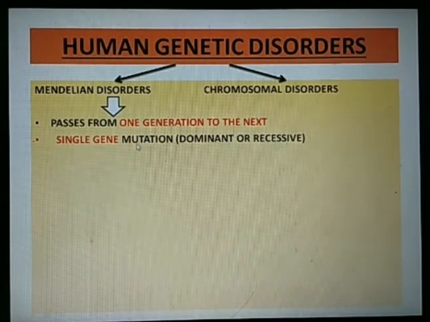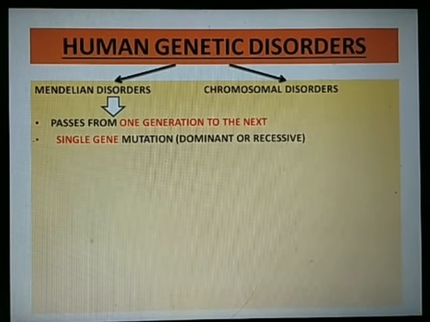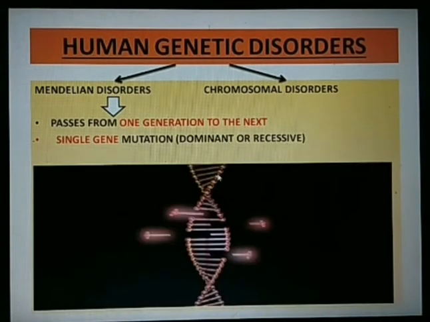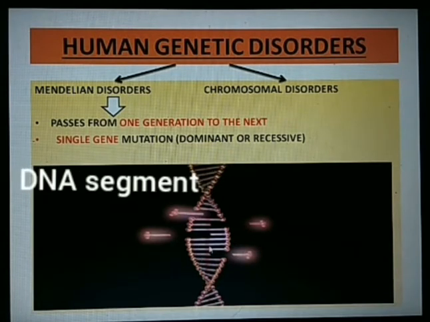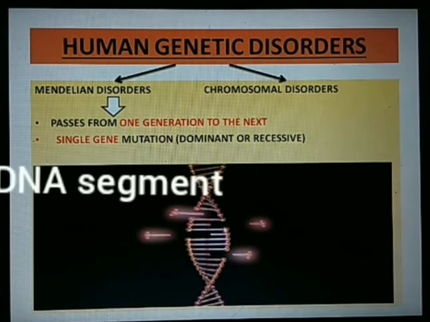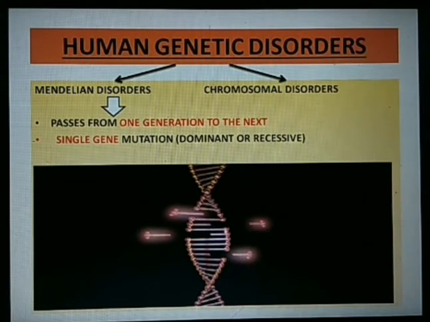Therefore these disorders are called Mendelian disorders. These are mainly single gene mutations, and this mutation can be dominant or recessive. A single gene mutation can be a segment of DNA that has undergone mutation, or in a gene or in the sequence of DNA, any nucleotide or base pair is mutated.